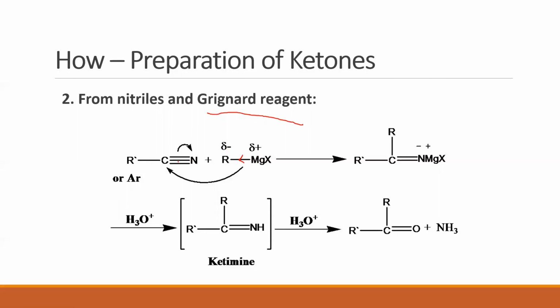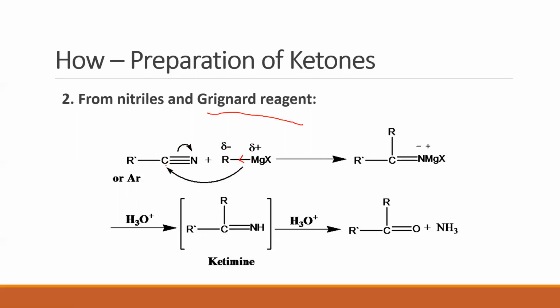Clear? Now, the electrons shift to a more electronegative element, which is nitrogen. So these 2 electrons shift to nitrogen when the R group attacks. The R group here, which is negatively charged, takes away the bond and attacks this carbon.